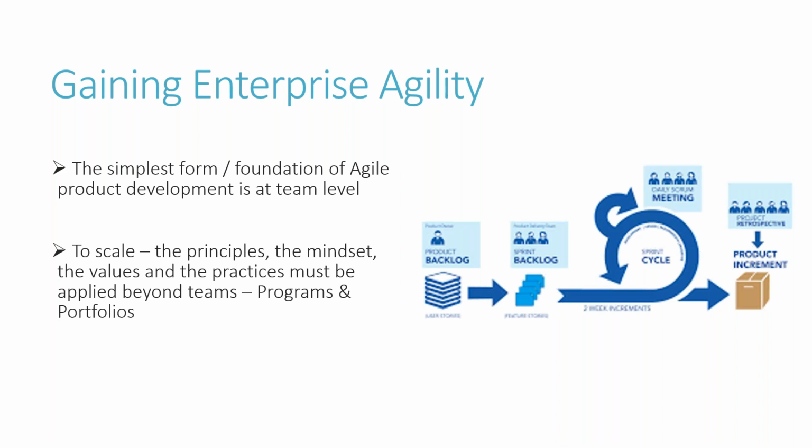Now, in order to scale at the higher level, the key to the success is that the principles, the mindset, the values, and the practices which were successful at the team level should also be scaled up to a higher program level.